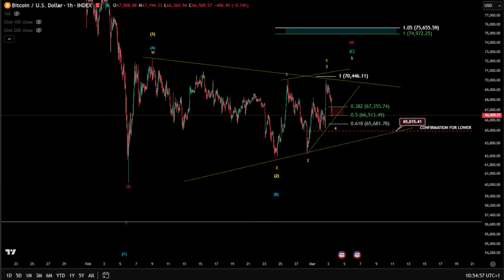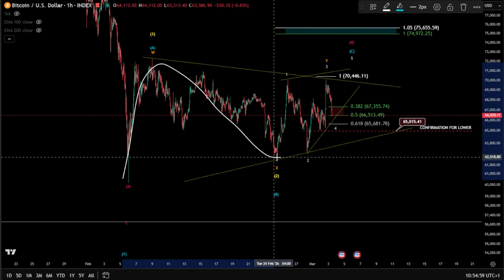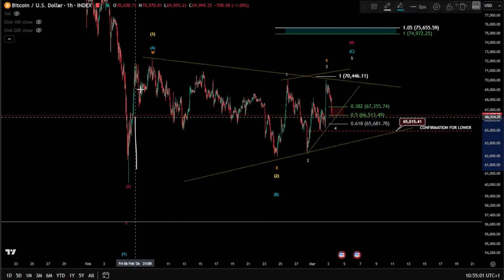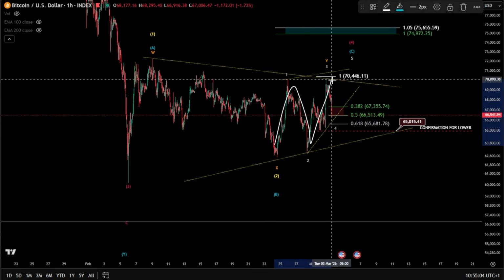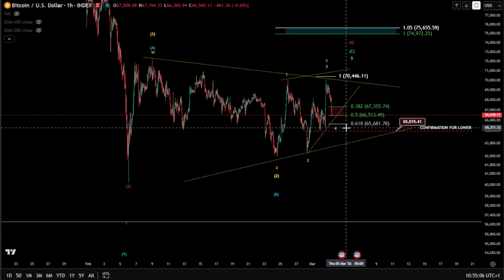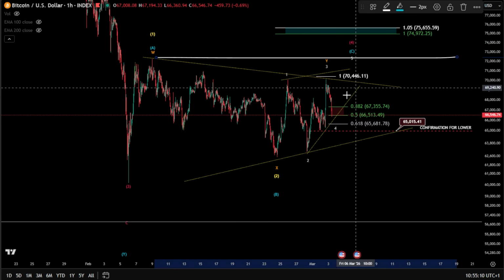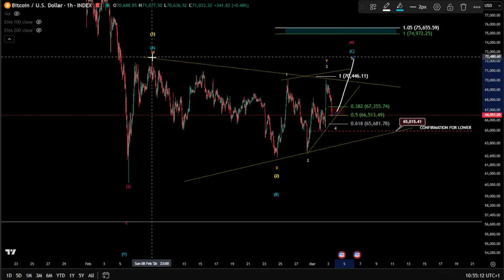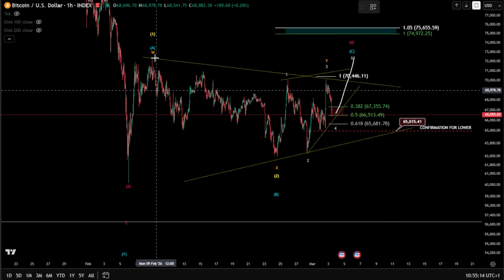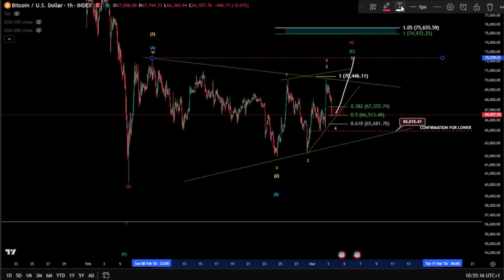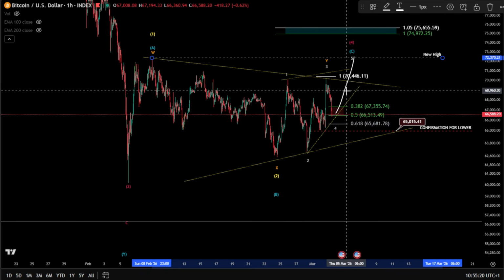Okay, the highest possibility for me is a WXY or an ABC. We continue here with an ending diagonal towards the upside, at least to reach the high. The wave 5 has at least to reach the high over there. So having a new high. New high is requested over there.